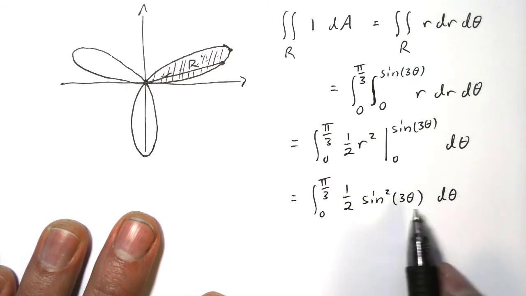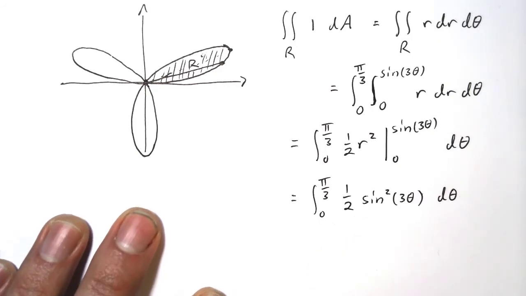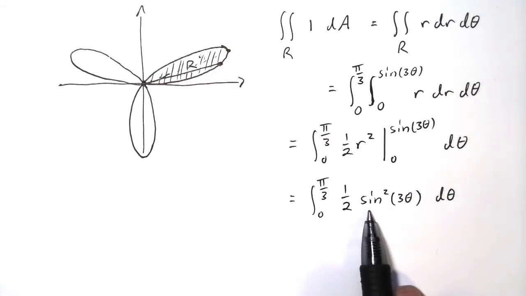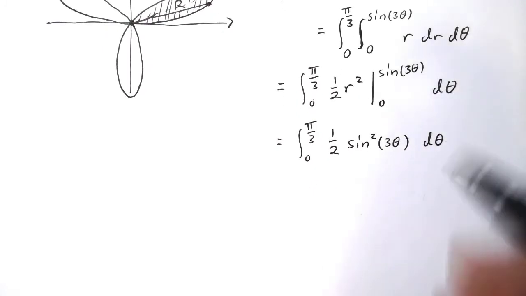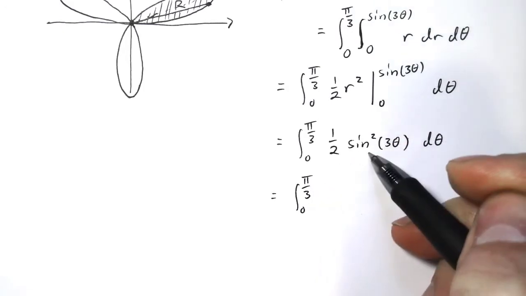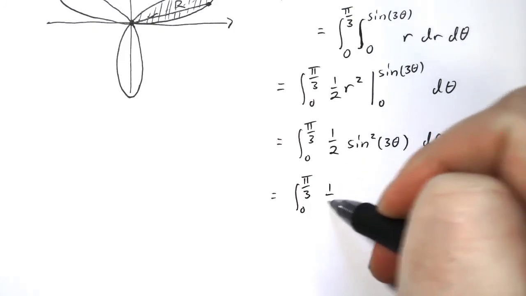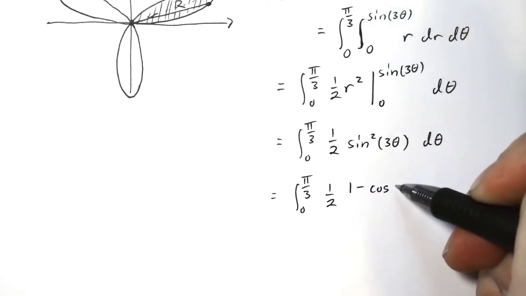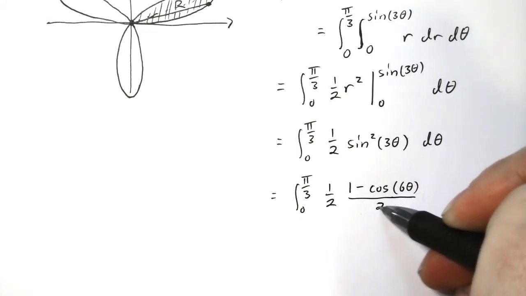Okay, so now we just have to integrate this. This is a single variable calculus problem. How do we find the antiderivative? Well, the trick here is whenever you see a sine squared, we can think of using a half angle formula, because we know the half angle formula for sine says that sine squared of something is given by 1 minus cosine of twice that thing, so it'll be 6 theta, divided by 2.